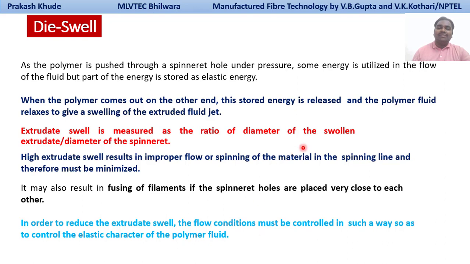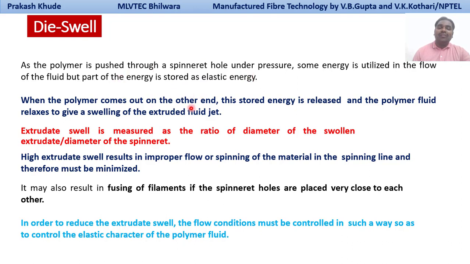Now let's see what die swell means and how it occurs. As polymer is extruded through the spinneret hole under pressure, some energy is utilized in flowing the fluid, and some is stored as elastic energy.